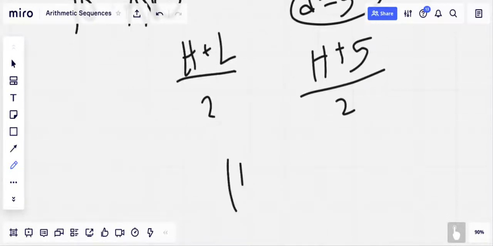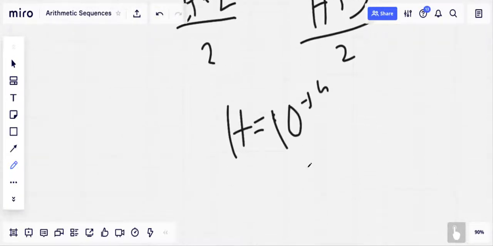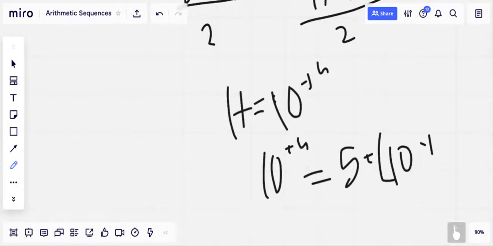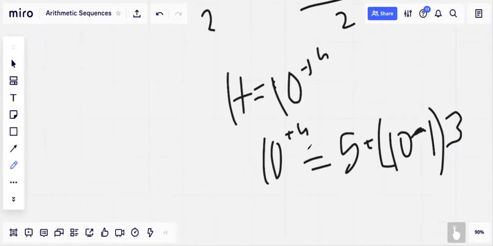The highest is equal to the 10th number because there are 10 numbers. So the 10th number is equal to 5 plus 10 minus 1, from our formula, times d, which in this case is 3.